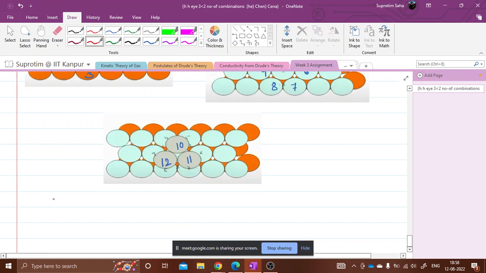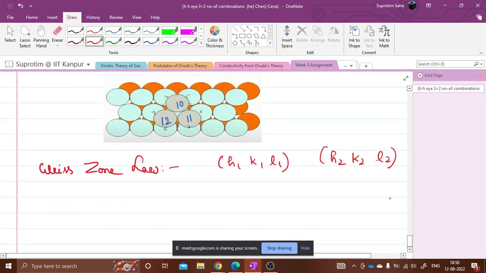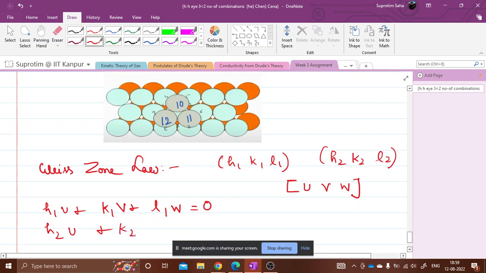If H1 K1 L1 and H2 K2 L2 are two planes and they have the same direction U V W, then we have H1U plus K1V plus L1W equals 0, and H2U plus K2V plus L2W equals 0.